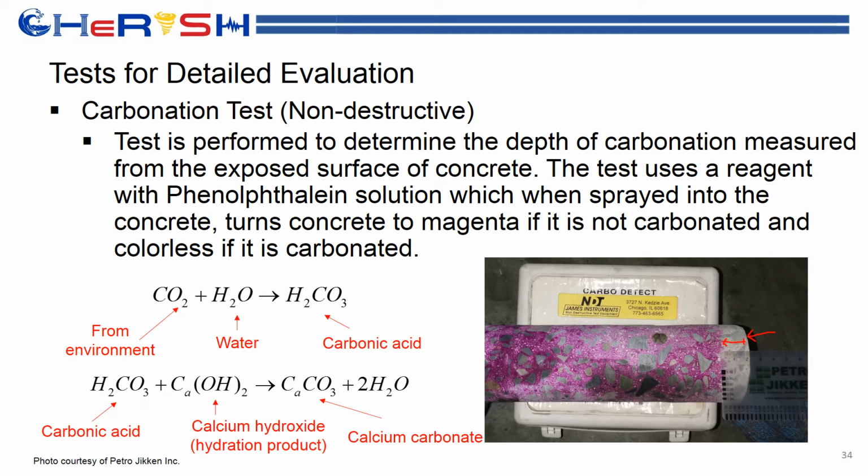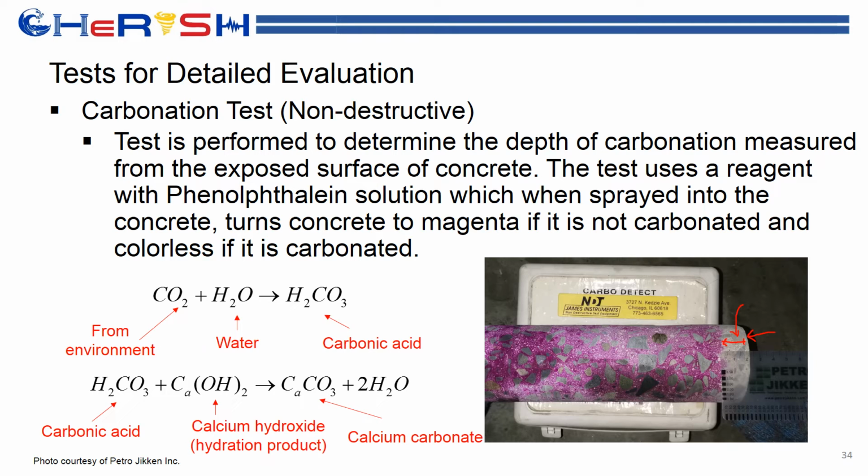And that thickness is what we call the carbonation depth, right? Because this is now what we call carbonated concrete, or the depth of carbonation. Now, the process or mechanism of carbonation in concrete is really natural because it is a mechanism that involves carbon dioxide, which of course is present in our environment, and water.